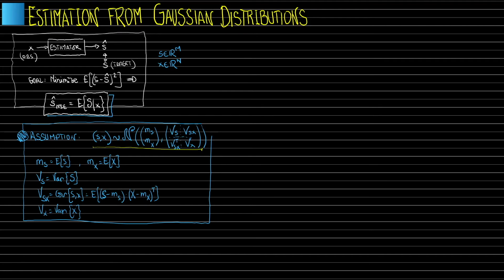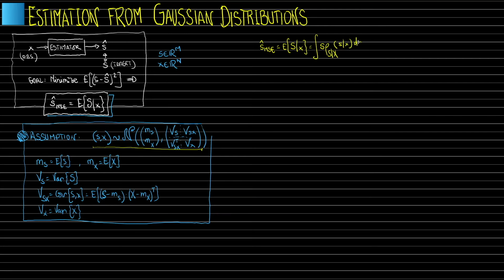Okay. So how can we compute the posterior mean? Well, in this case, and in general, in order to compute the posterior mean, we need to compute the posterior distribution of s given x, and then compute the integral of s times the posterior distribution.